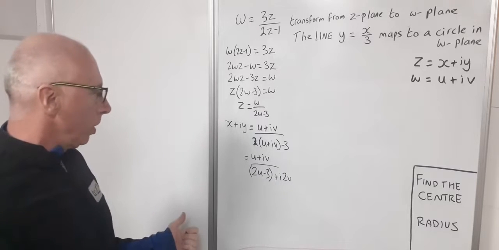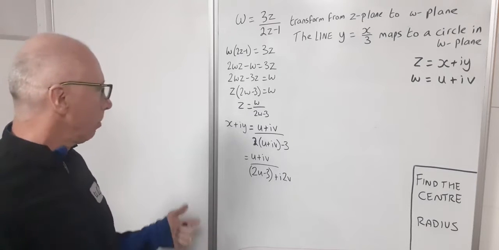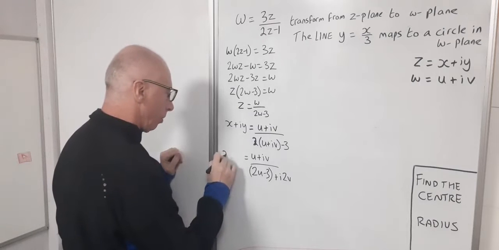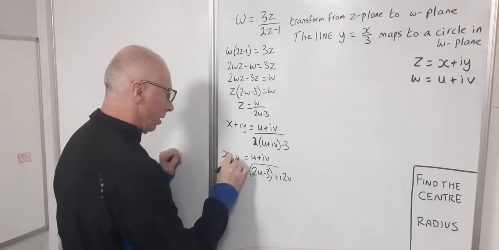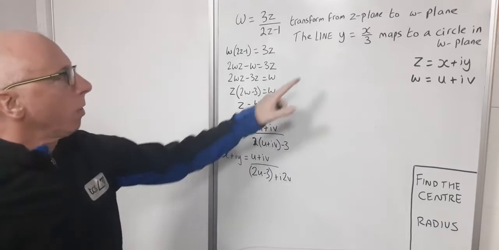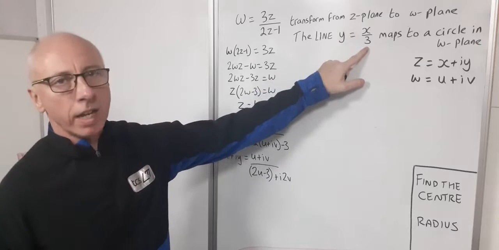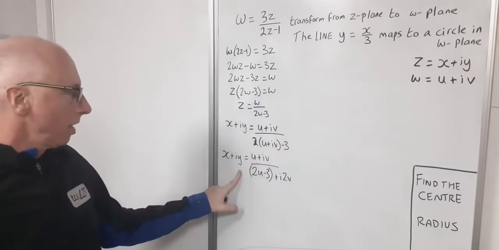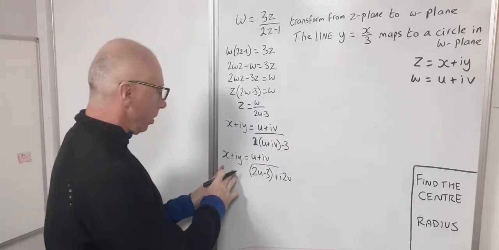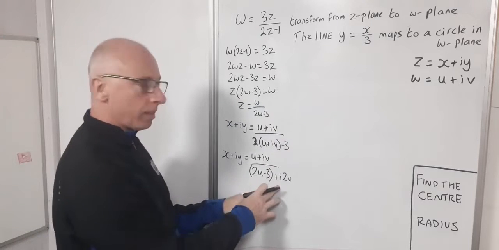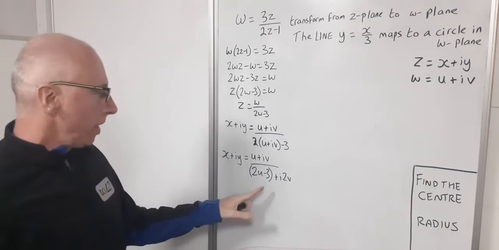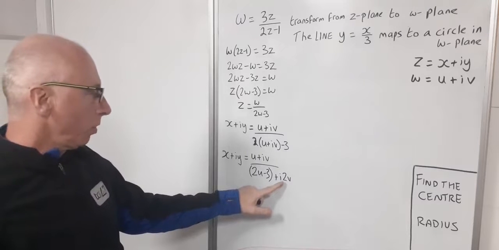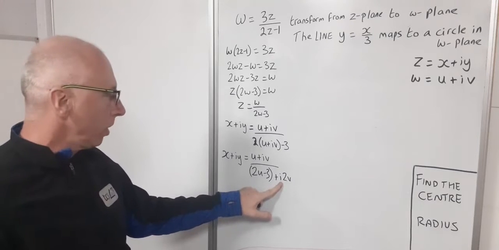Okay, now what can we do with that? We want to try and do something with this x plus iy. So we want to show the line y equals x over 3 using this. So we want to try and get some real terms and imaginary terms in here and the same here. So our next thing to do is to get rid of this complex number in the denominator.